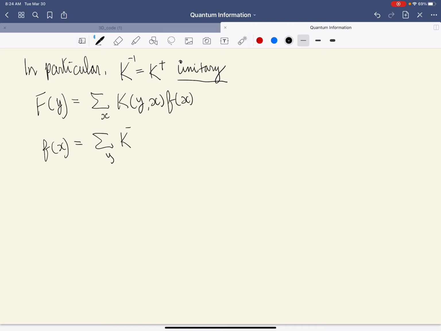The kernel matrix involved in this inverse transformation is just the Hermitian conjugate of the kernel matrix.